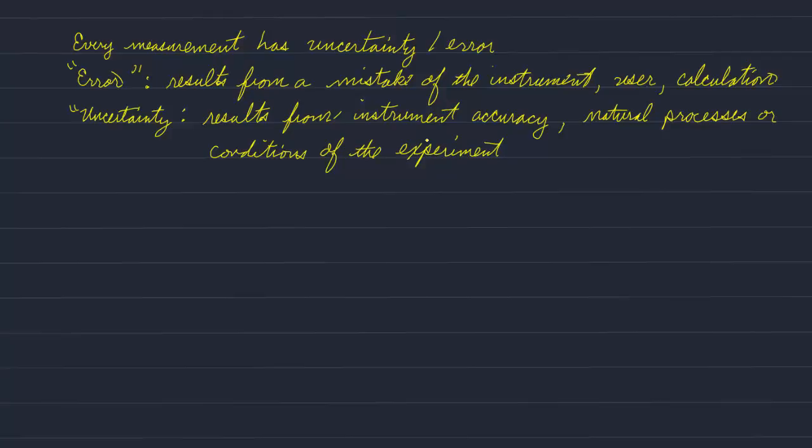Okay, so we often report our data in terms of its measured values, and in this case we'll say the measured value is x, and we'll report the uncertainty in terms of plus and minus a delta x.